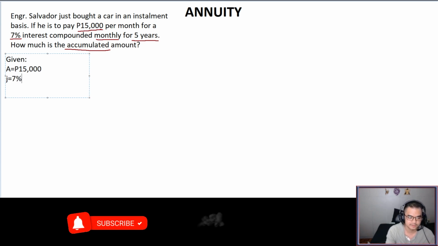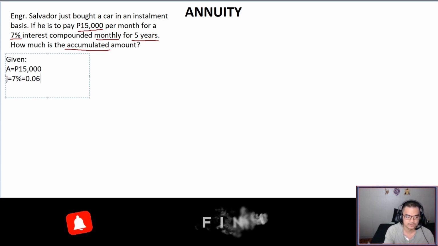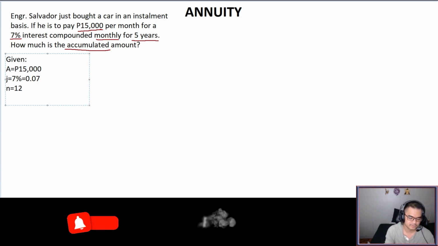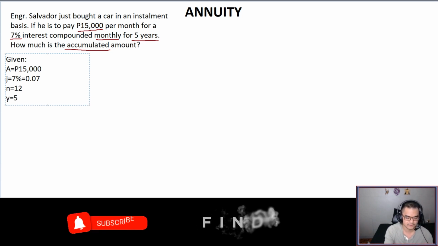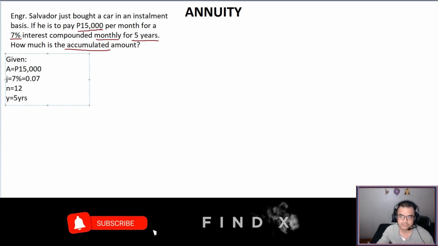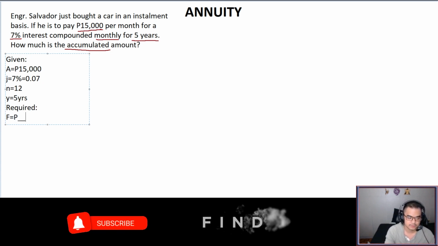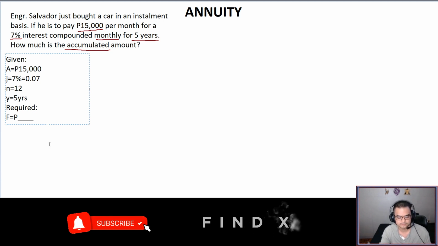You must put this as 0.07 in decimal form. Compounded monthly, therefore your method of compounding n must be equal to 12, and years, or your Y, must be 5 years. So that's all. We are required now to find, from the word accumulated, the future amount.